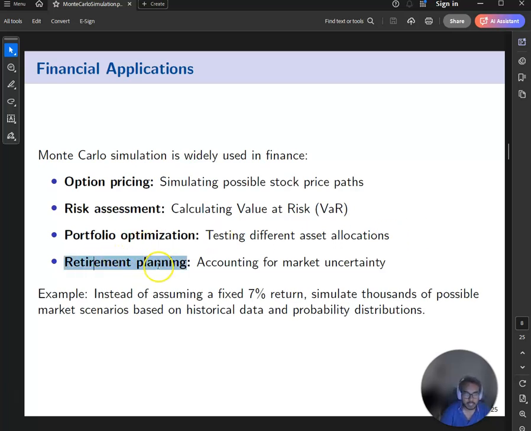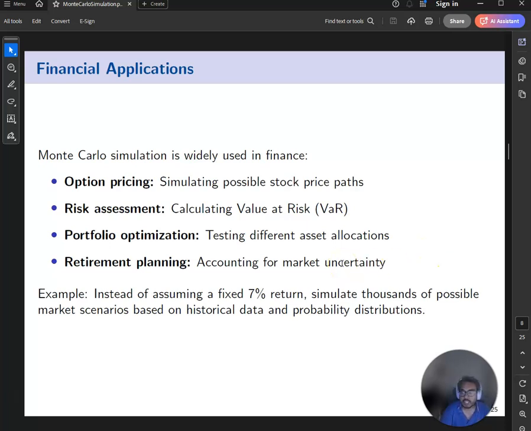Retirement planning is another scenario. Rather than assuming a fixed 7% annual return on investment, which usually never happens in reality, a planner can run thousands of market simulations based on historical data and probability distributions. This gives a much more realistic picture of possible outcomes and helps people understand the range of possibilities they might face in retirement.